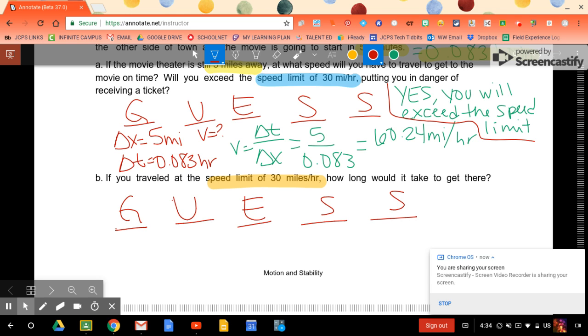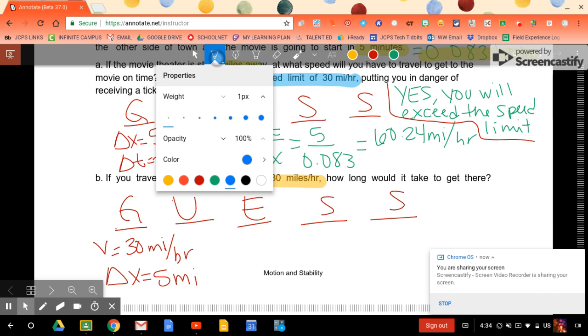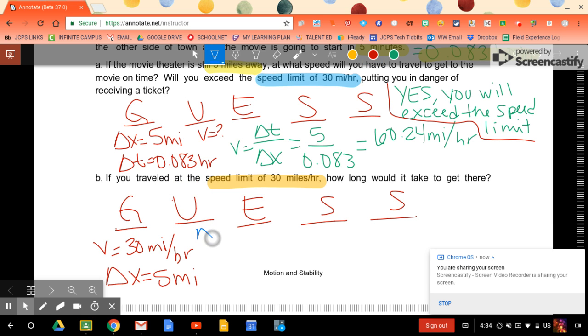So we are given our velocity of 30 miles an hour and our distance of 5 miles. So we are trying to find our change in t. So our change in t equals our change in x over our velocity.